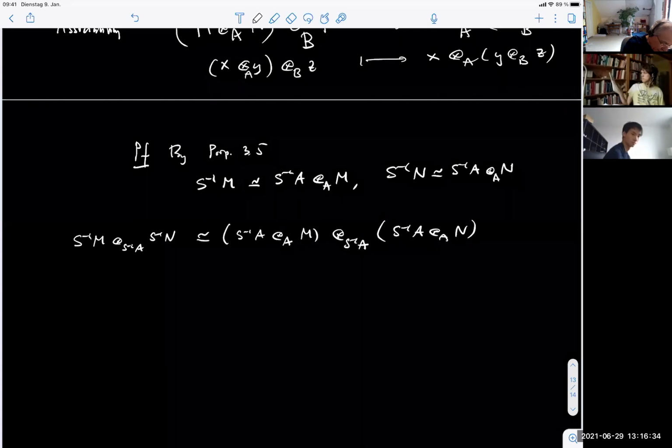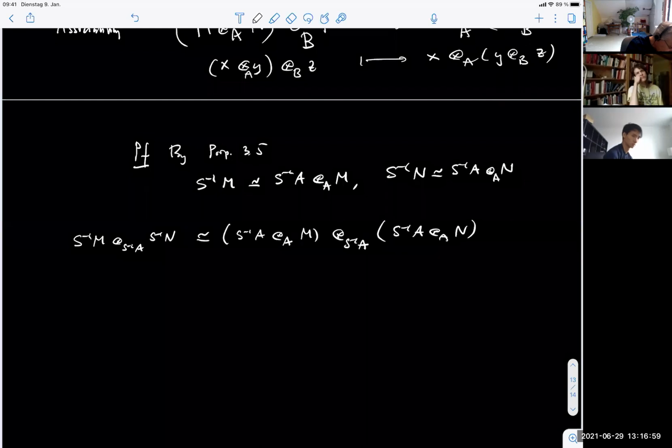So what do I do? Here, I have this. I plugged in these formulas for the tensor product of modules. So now let's apply this associativity and let's apply it twice. So I go really slowly so you can verify every step.